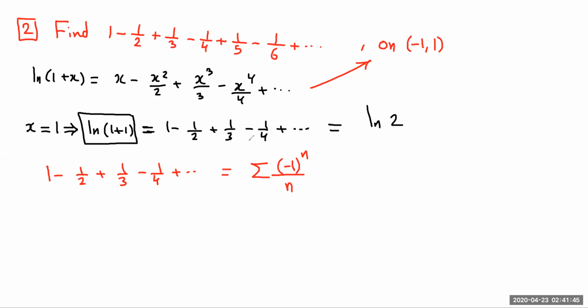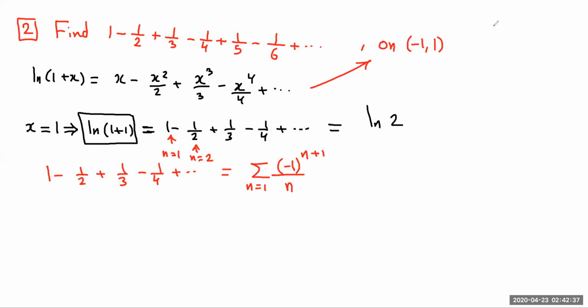If I give n = 0 it will be positive, so let's write plus 1, with n beginning at 1. For n = 1 we have this term, for n = 2 here, and for n = 3, minus 1 power 3 is negative, and so on.